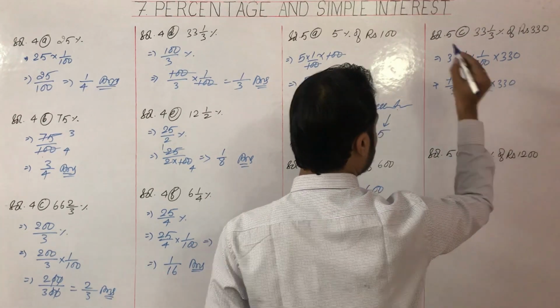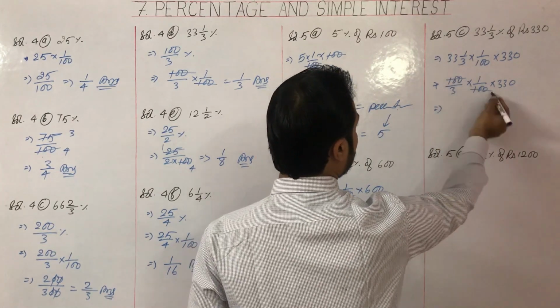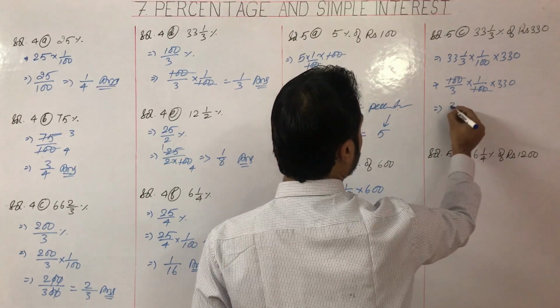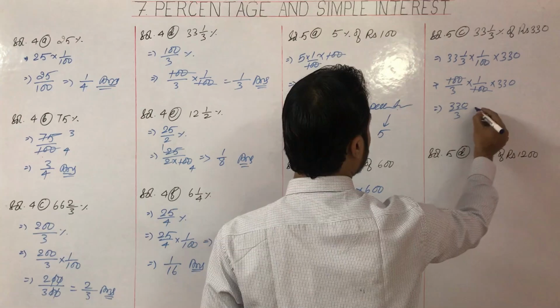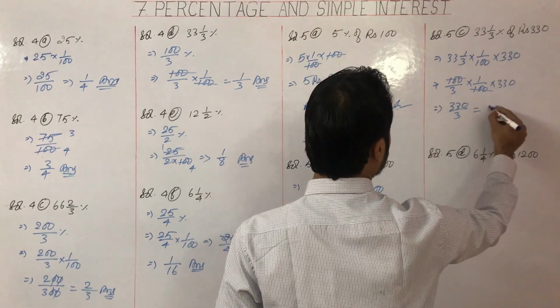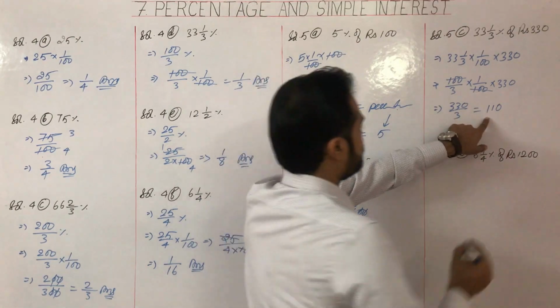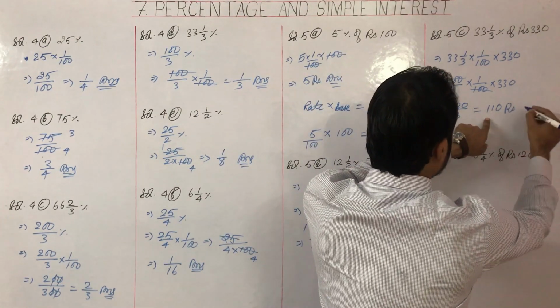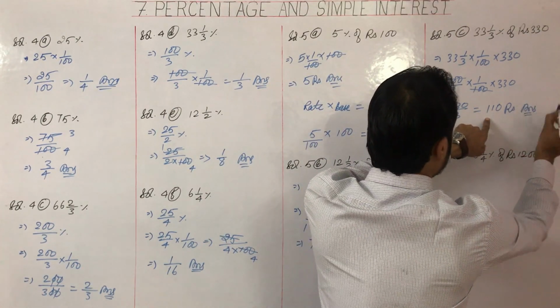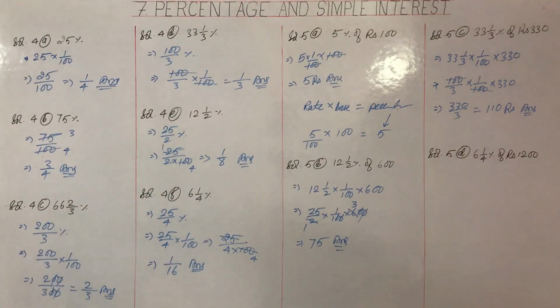So we can cancel 100 and 100. So 330 by 3. Just divide 330 by 3, you will get 110. So 110 rupees is the answer.